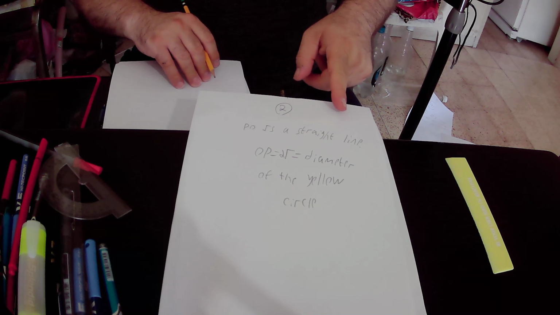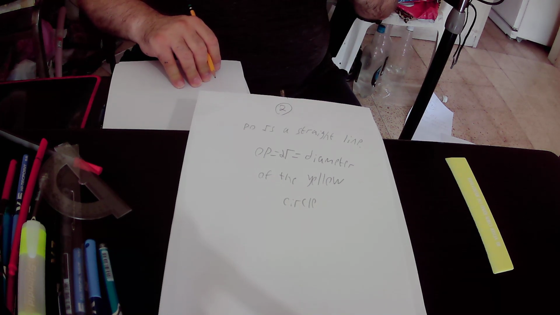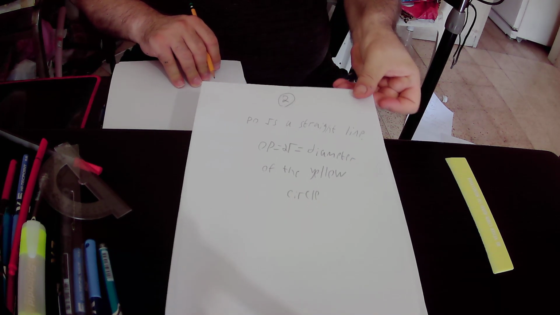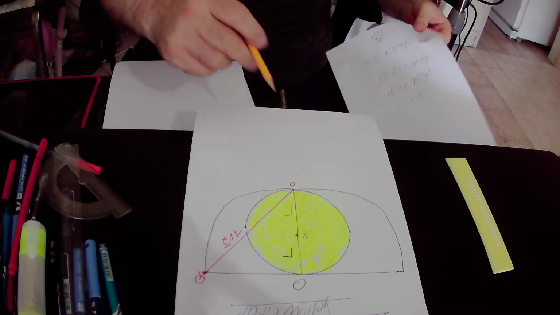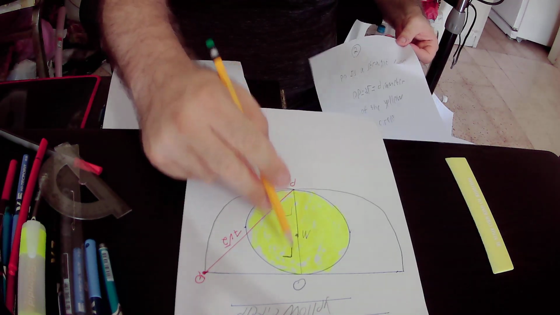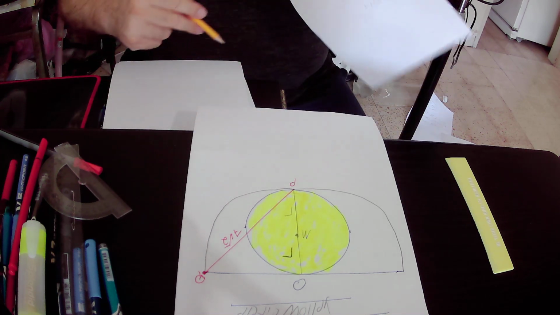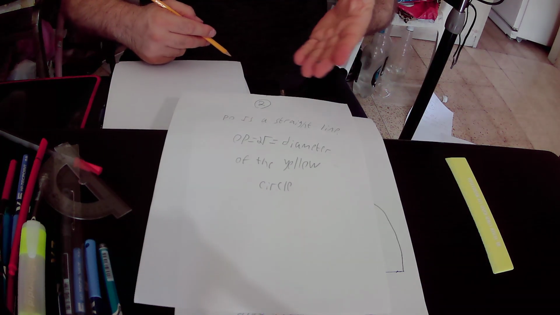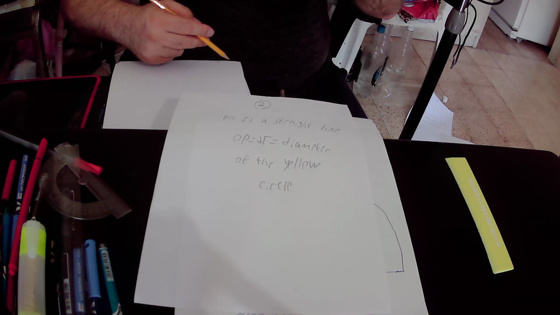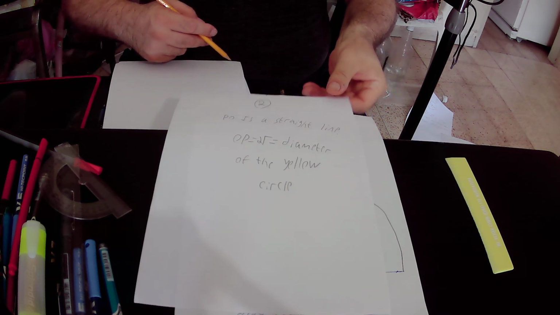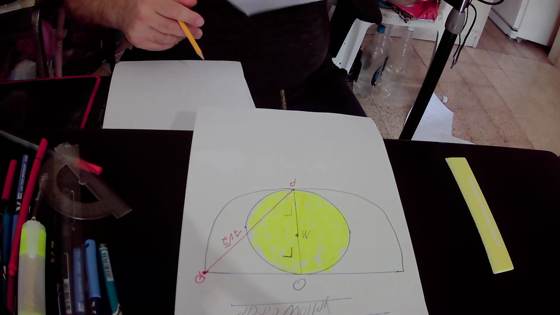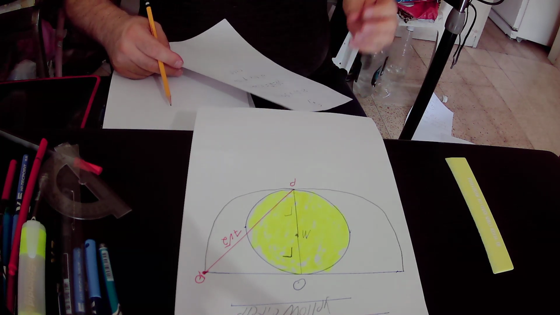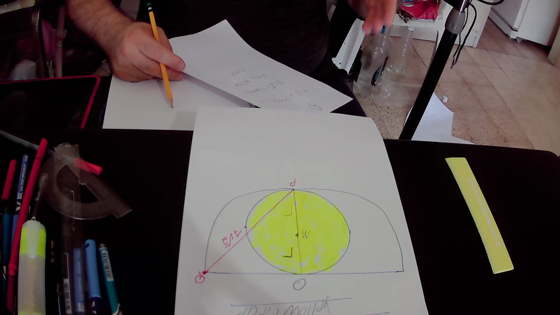PO is a straight line. OP equals 2R. As you can see, OP equals 2R. And OP also equals the diameter of the yellow circle, because the diameter of any circle is defined as 2 times the radius.